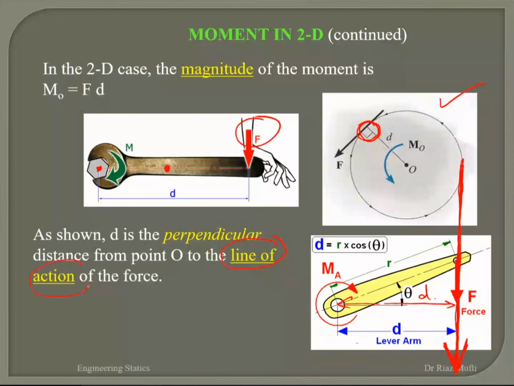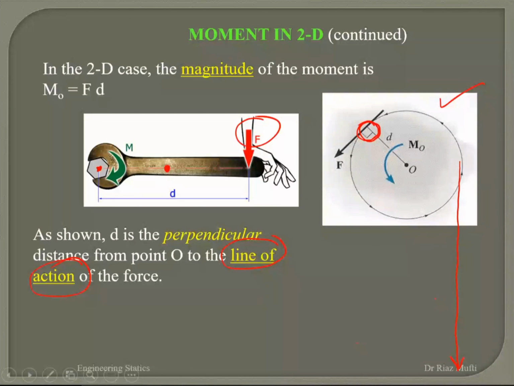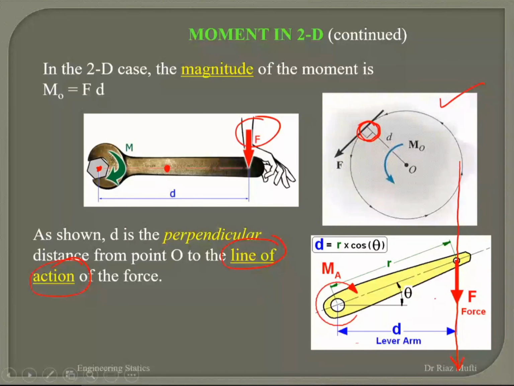Line of action doesn't mean the point where the force is applied. No, it means if there's a force being applied at any one point, you draw a line, make life easy for yourself. Then the perpendicular distance from this force line is basically here.